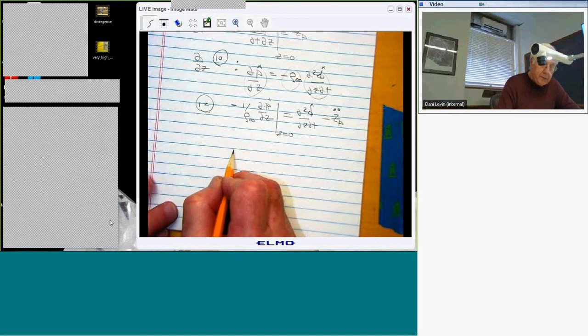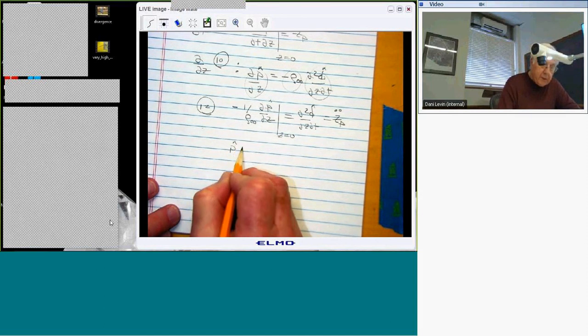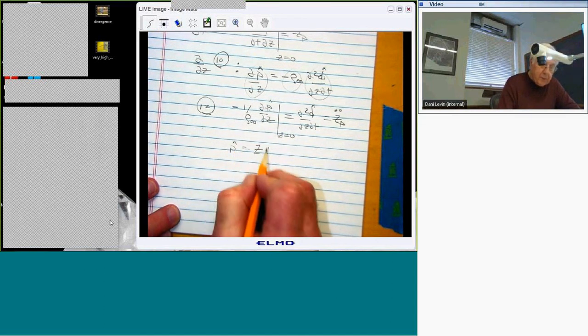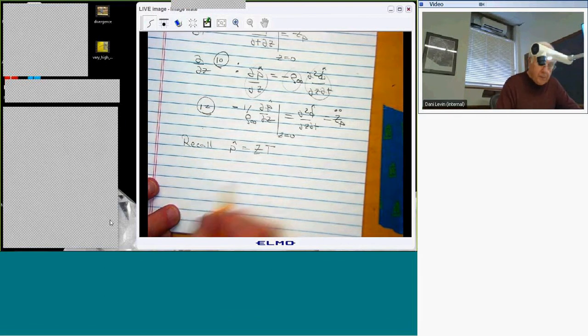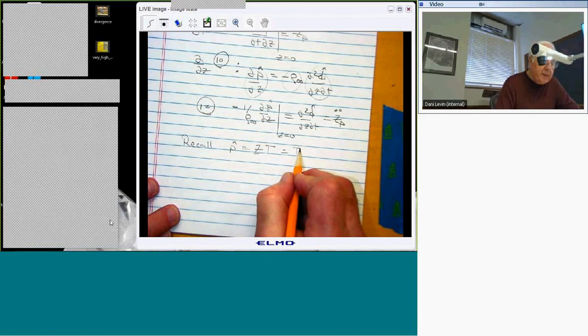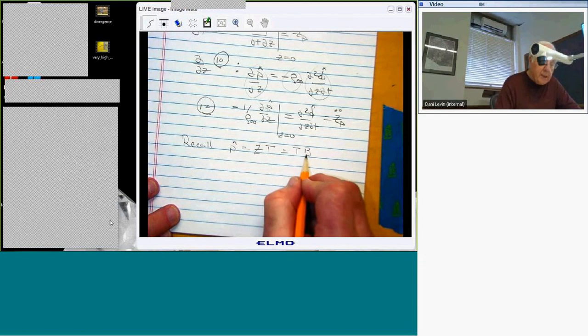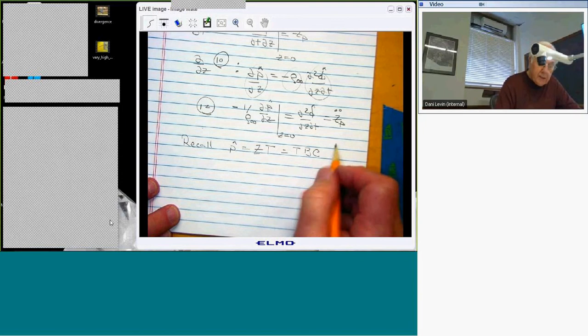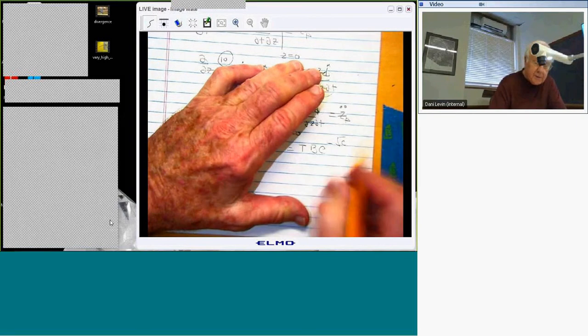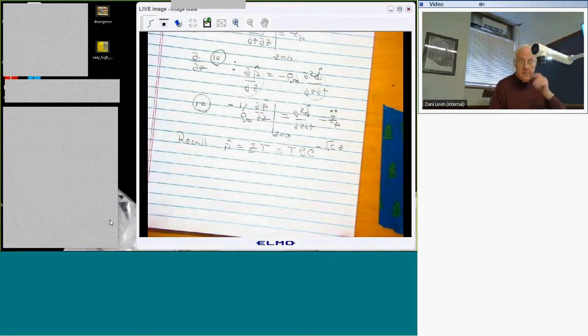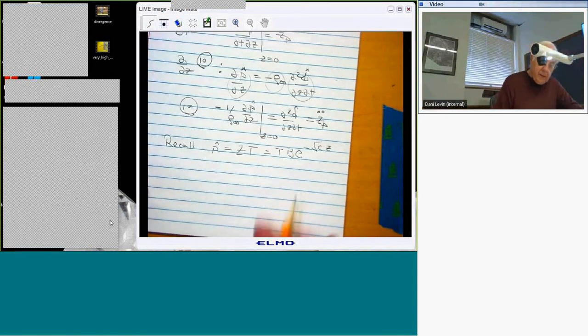P hat is equal to capital Z times, recall, T, but that is equal to T times B times e to the minus square root of c times small z. Okay. That seems to be working nicely.